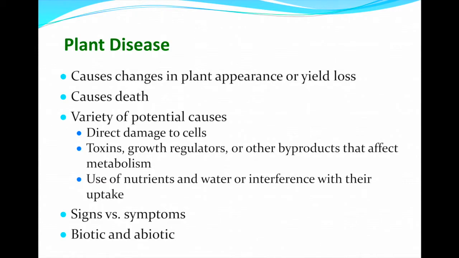A lot of times we see disease organisms in plants affect the use of nutrients, the use and uptake of water, or their interference in some cases. And those are some of the things I think you would much more readily, and usually a little bit more quickly, recognize out in the field.